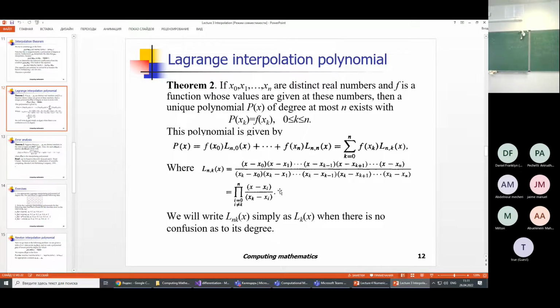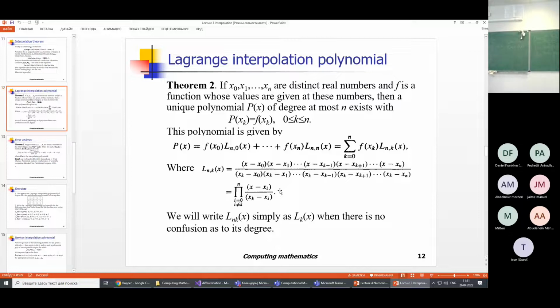Now we can write an interpolating polynomial of degree 2 using these 3 points. How to write it? P2 of x equals L0 of x times f0 plus L1 of x times f1 plus L2 of x times f2.